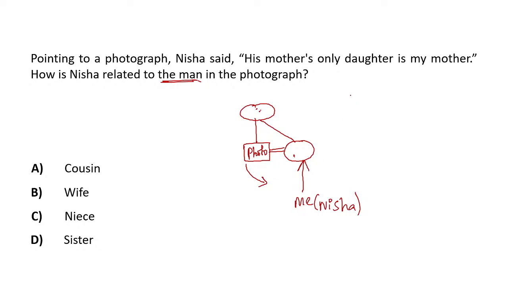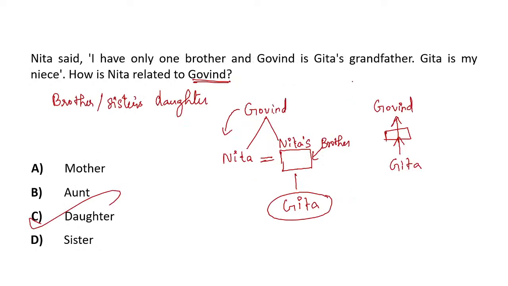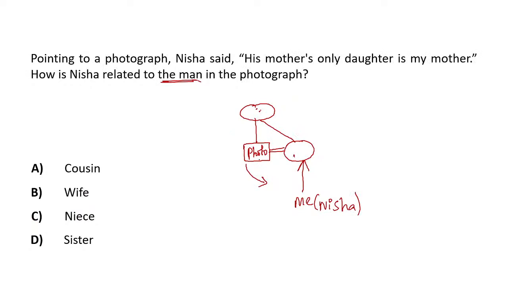Just now I told you, a sister's daughter will be your niece, correct? So according to the person in the photograph, Nisha is his niece. So that makes the answer for this question option C.